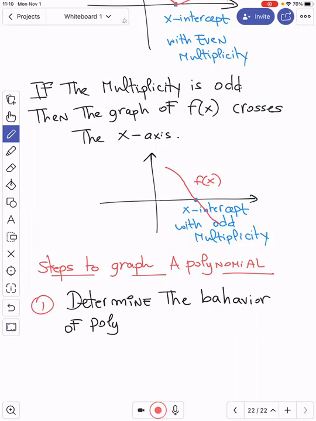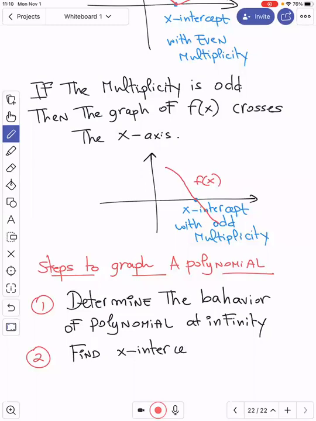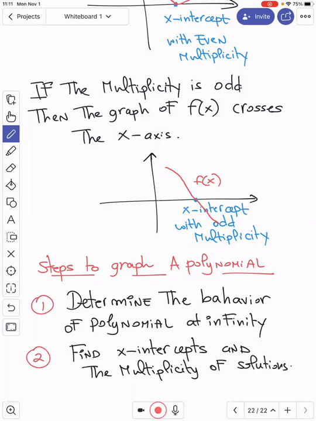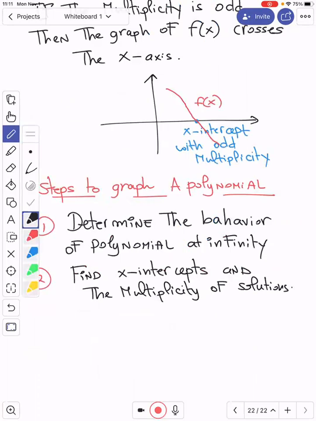Then, as a second step, you need to find the x-intercepts, and also the multiplicity of the solutions. And then finally, you can also find the y-intercept.